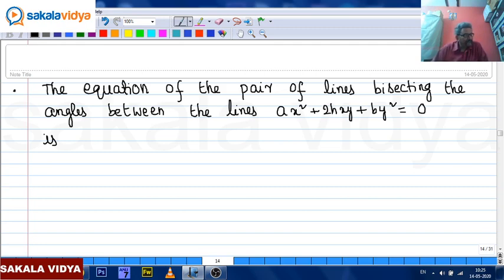The equation of the pair of lines bisecting the angles between the lines ax square plus 2hxy plus by square is equal to 0, that means the equation of the pair of angle bisectors between the pair of lines ax square plus 2hxy plus by square is equal to 0.